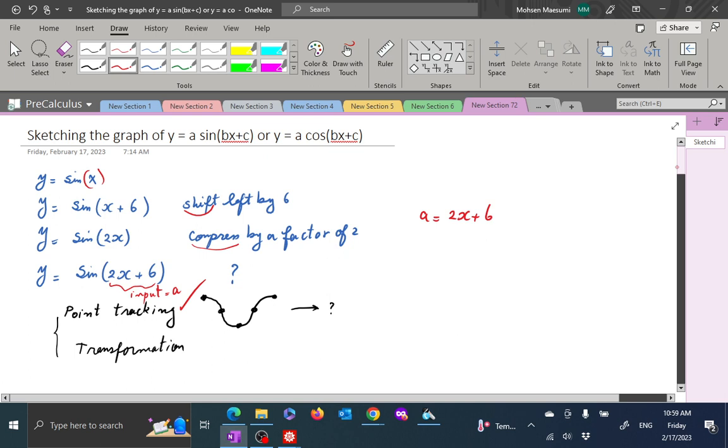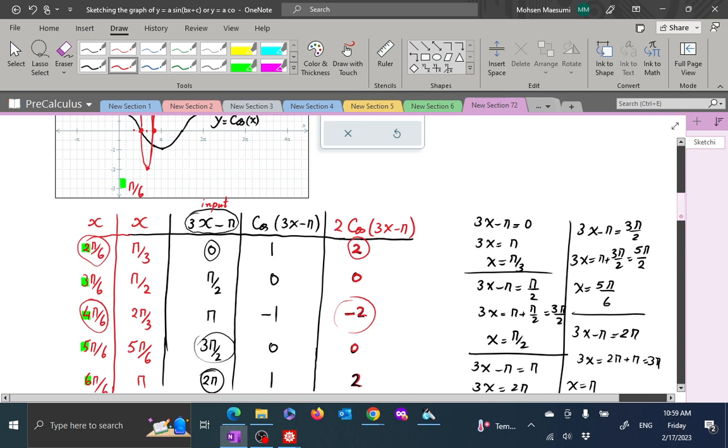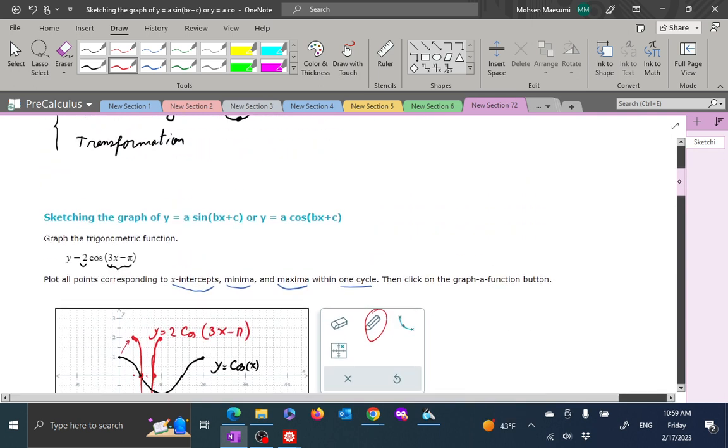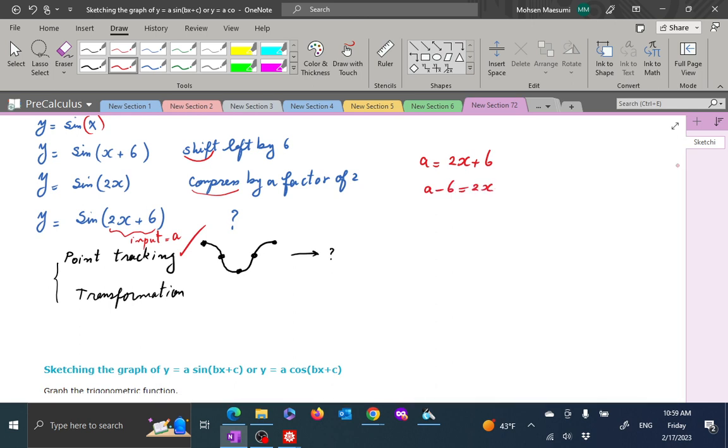Very easy. In all those processes, you notice that we try to get the angle x itself. From this input, this is my A, I try to figure out what x is, and everything happens to the x's here. So A minus 6 is 2x.